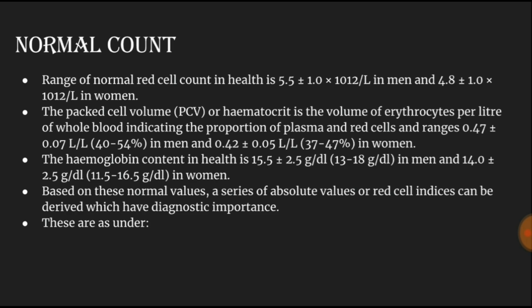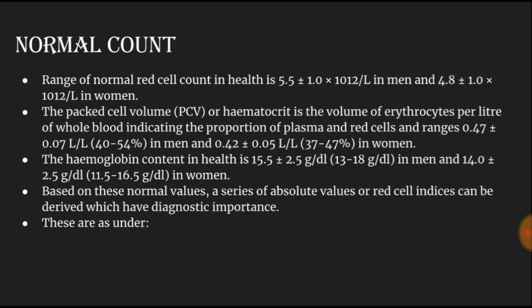The normal count of RBC is 5.5 plus or minus 1.0 into 10 to the power 12 per liter in men, and 4.8 plus or minus 1.0 into 10 to the power 12 per liter in women.